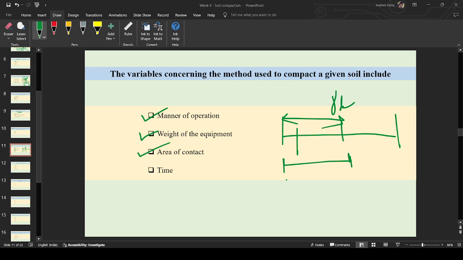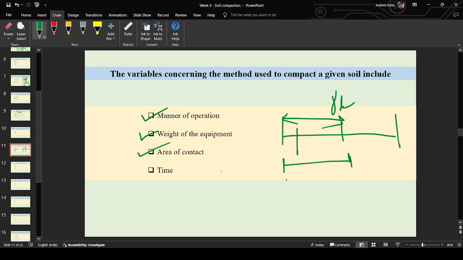No, sir. If this answer D, if you modify a little bit, I can think of, but I have not seen anywhere this time factor particularly. Even in factors affecting compaction, time is not included. See, this question is not that generalized topic with respect to which we try to differentiate compaction and consolidation.